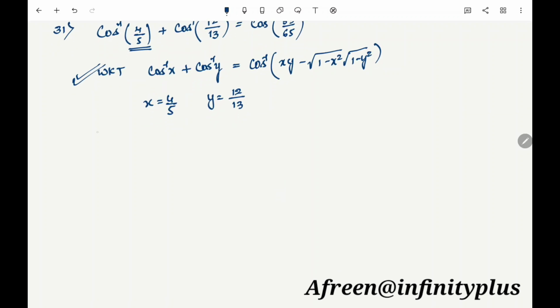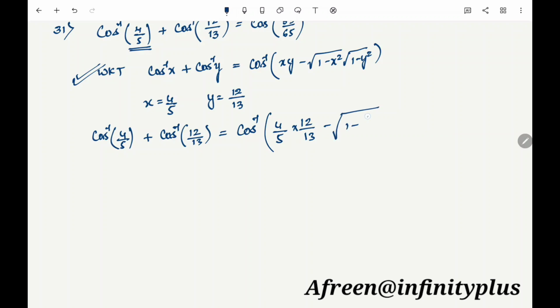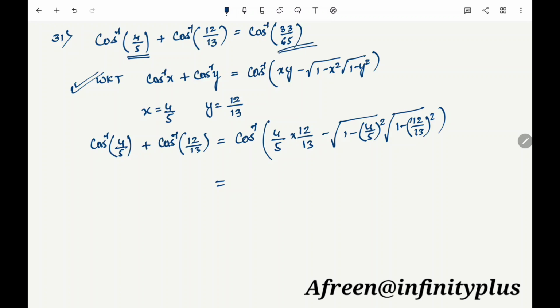So what will we get? We get cos inverse of 4 by 5 plus cos inverse of 12 by 13 is equal to cos inverse of, substituting the x and y values in the RHS also, 4 by 5 into 12 by 13 minus root of 1 minus 4 by 5 whole square into root of 1 minus 12 by 13 whole square. Now the LHS is already in the form which they have given. Now just solve the RHS and check whether it is equal to the given RHS or not.